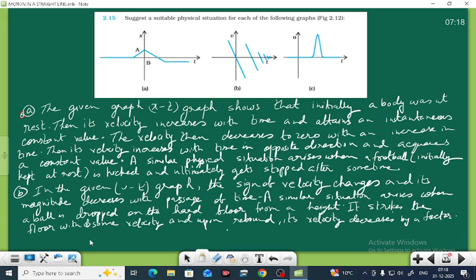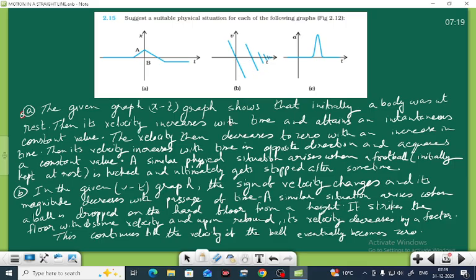This continues till the velocity of the ball eventually becomes zero. This is the case of B, right? Here the velocity is decreasing with passage of time, and the velocity becomes zero, right?